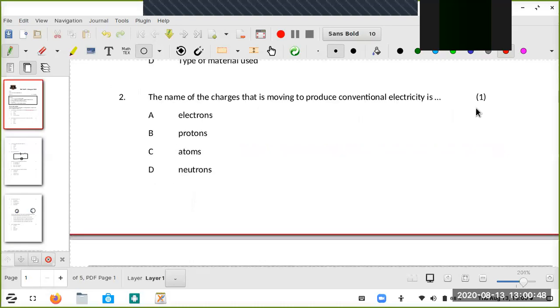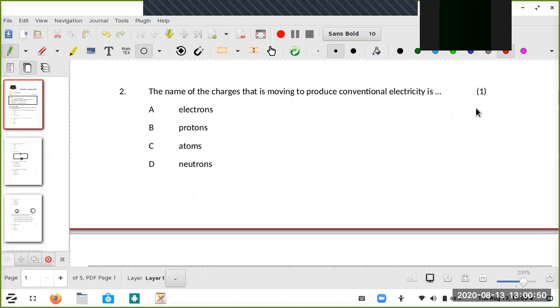Then we move on to number two. The name of the charge. In this case, we are looking at a charge that is moving to produce conventional electricity.